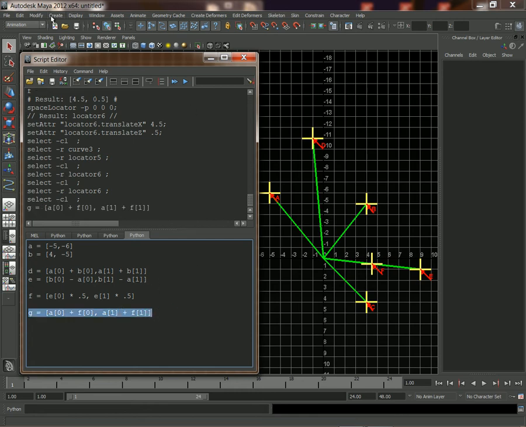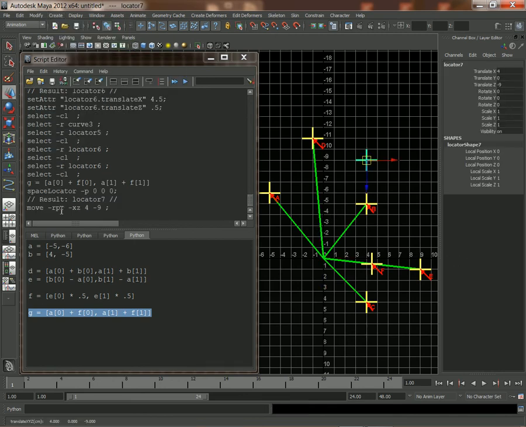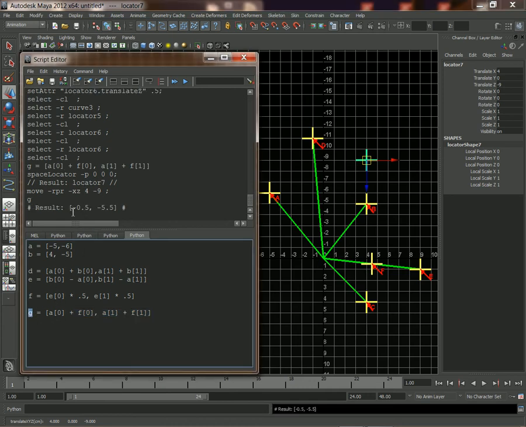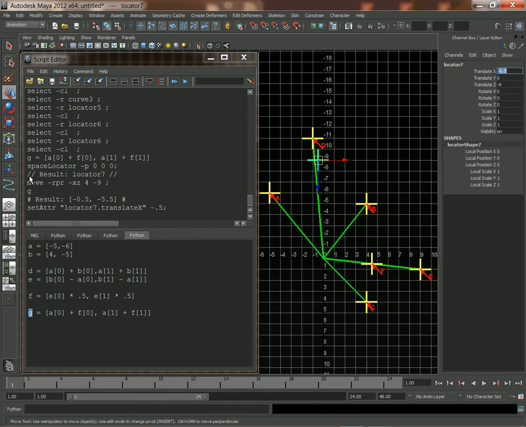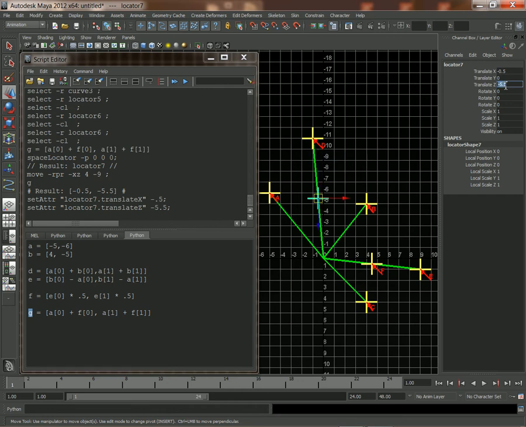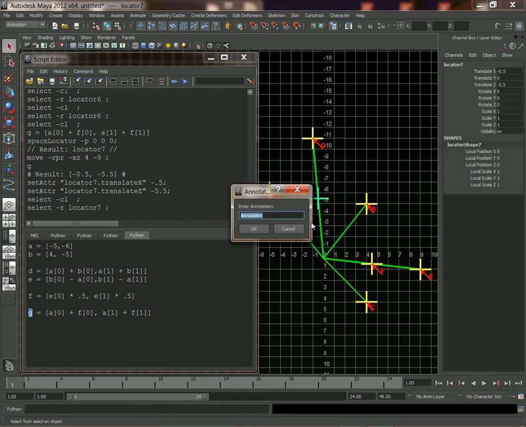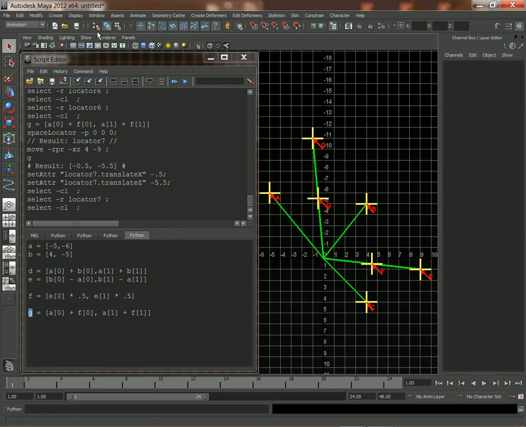And give us this new position right here. And if I were to, I need to print out the results. So that's negative 0.5 on X. And then it's negative 5.5 on Z. So if we name that, we can see that we've got this G vector right here, smack dab between A and B.